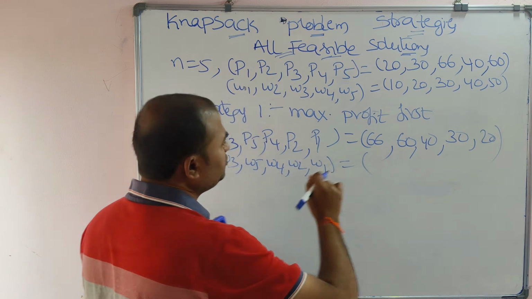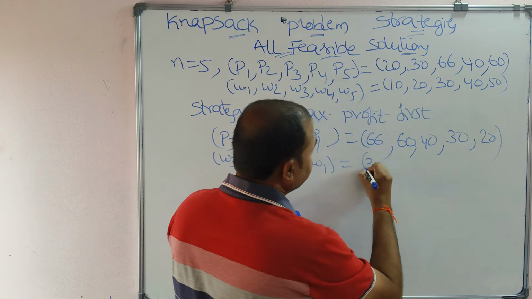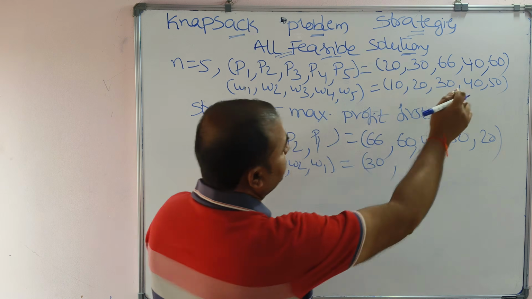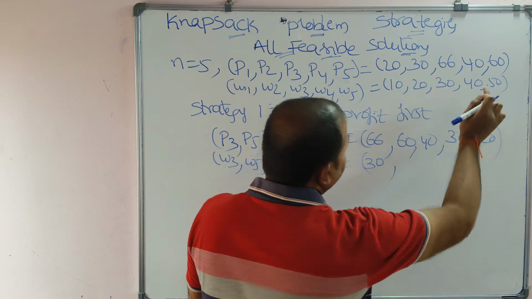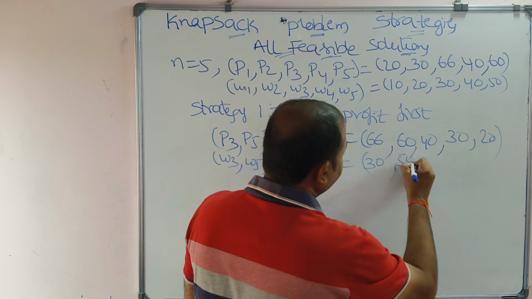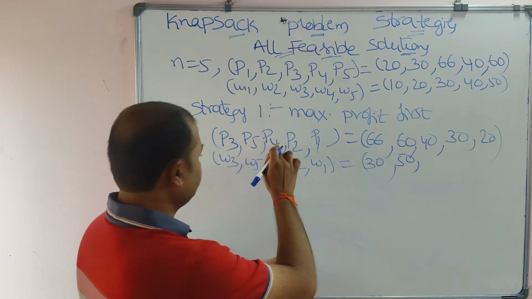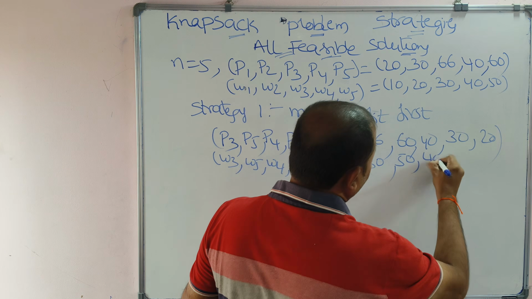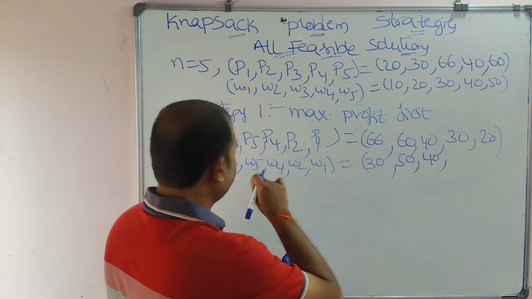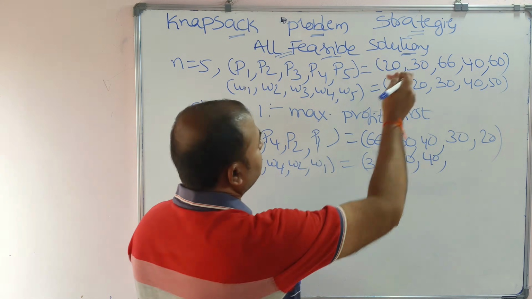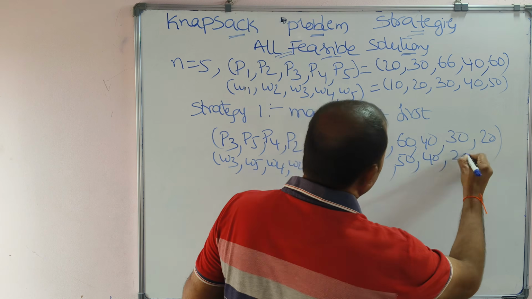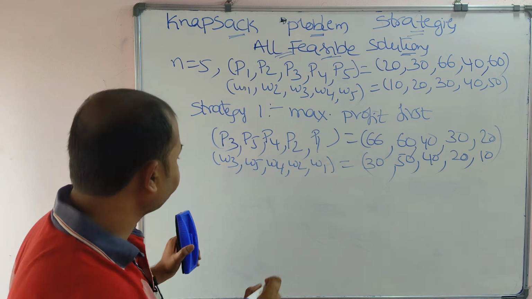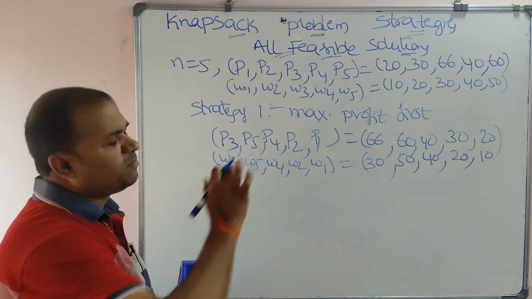What is W3? 30. Next, what is W5? W5 is 50. Next, what is W4? W4 is 40. Next, what is W2? 20. W1 is 10. Here a problem is given.